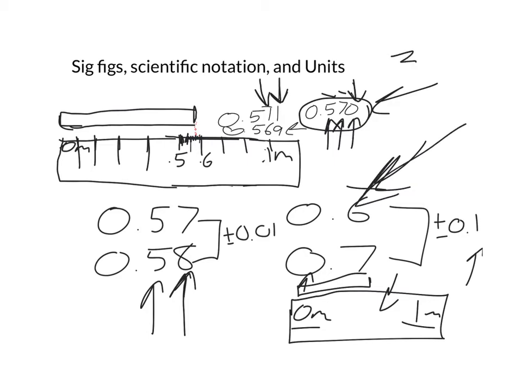Let me write this. So this has got 3 significant figures, sometimes they call it sig figs. And this one over here only has one sig fig, significant figure. And 3 beats 1. 3 is more accurate or precise. 3 gives you more information. The more you can measure with your tool, the better off your calculations are going to be.